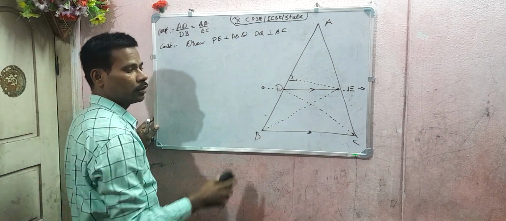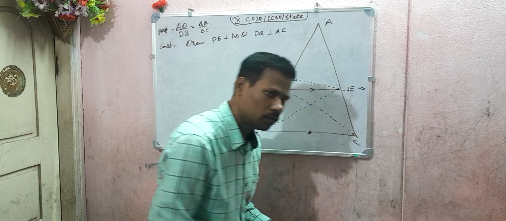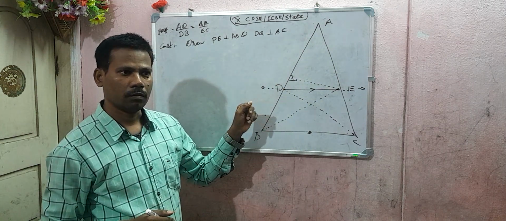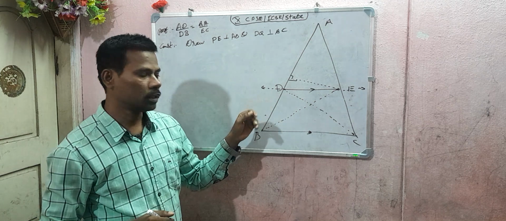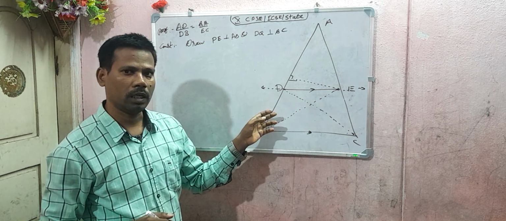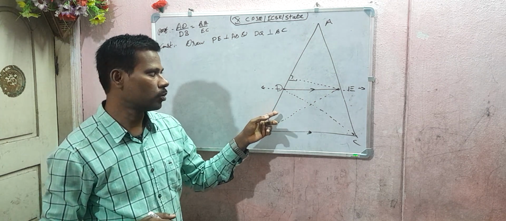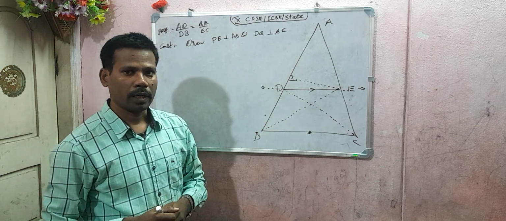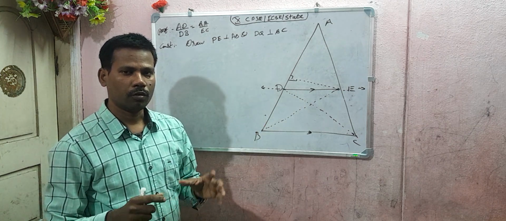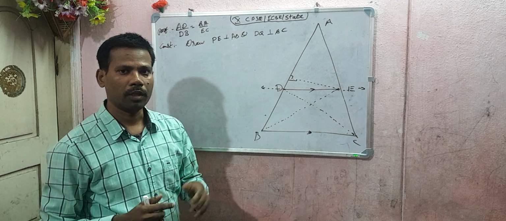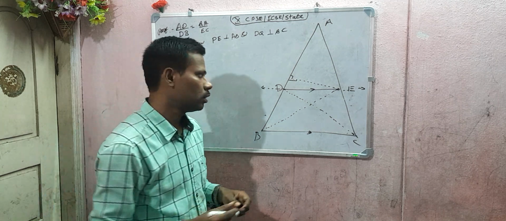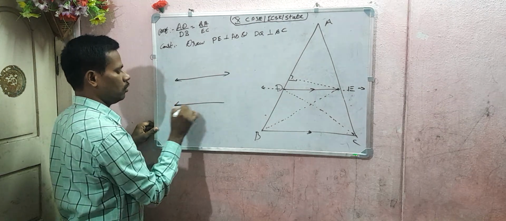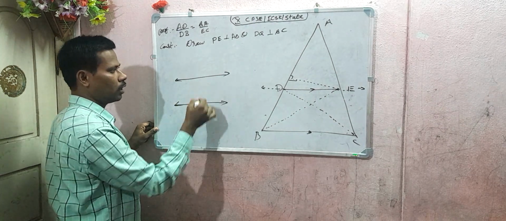you must have knowledge of some 9th class and previous classes. You should have at least some knowledge about triangles and areas of triangles. What I am saying is, if two triangles are on the same base and between the same parallels, listen carefully.